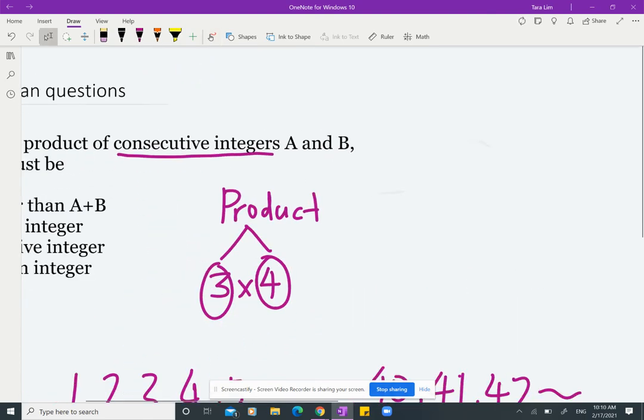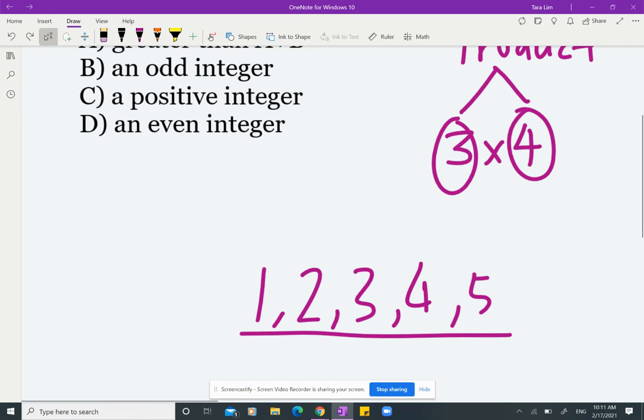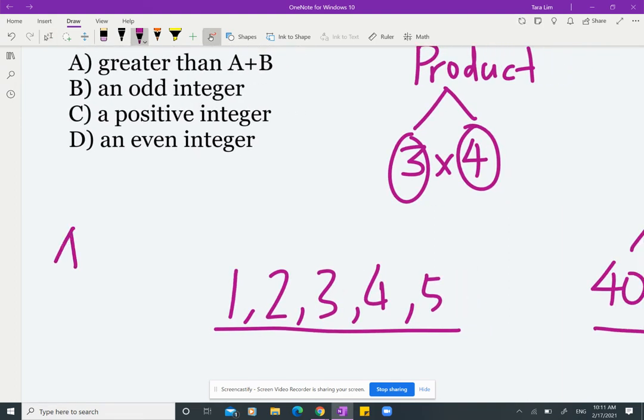But here it says A and B, so there are only 2 numbers. That means there are only 2 consecutive integers. So we don't need to write a lot of integers like this one and this one. We can just write 2 of them. So let's just estimate A is 1 and B is 2.